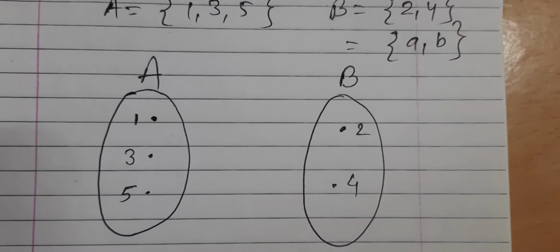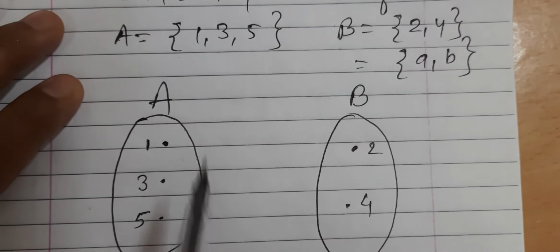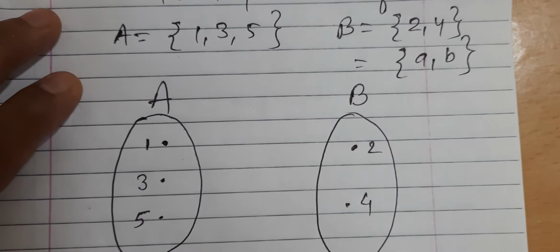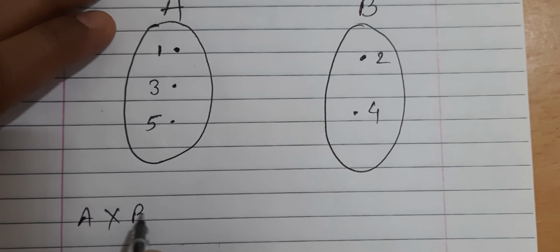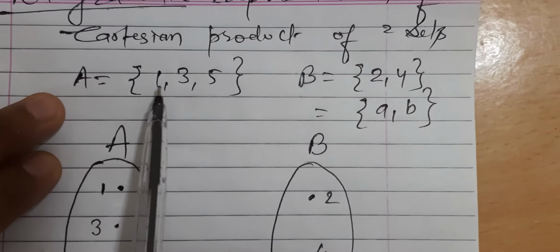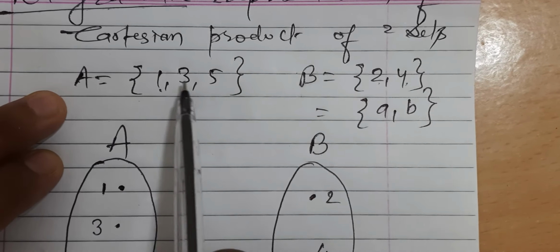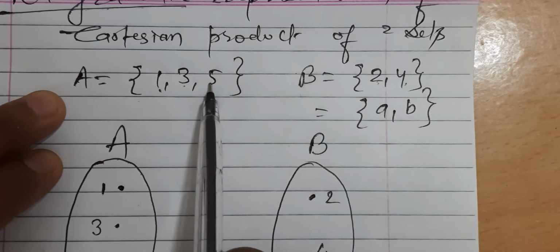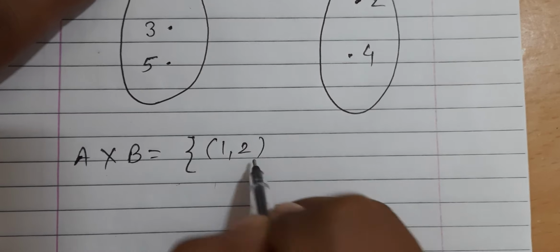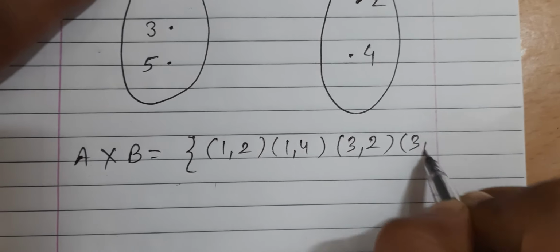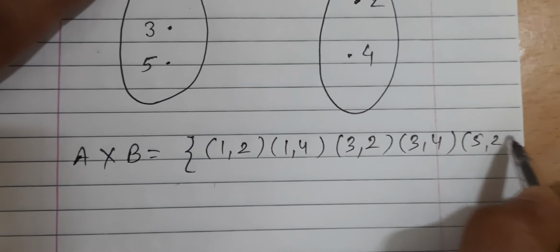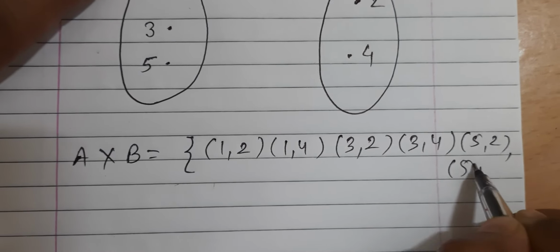Okay, so the Cartesian product of A and B, I am writing here. A cross B is 1 2, 1 4, 3 2, 3 4, 5 2, 5 4.